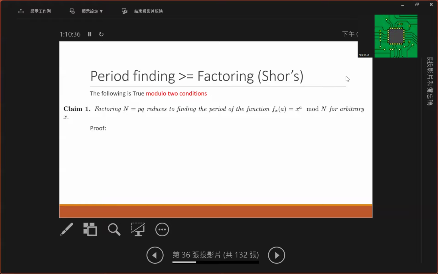And I can compute the GCD of 2 to the 4 divided by 2, minus 1, with 15. Then this is 5 and 15, so this is 5. And this is 3 with 15, which is 3. So this is just an example of factoring.